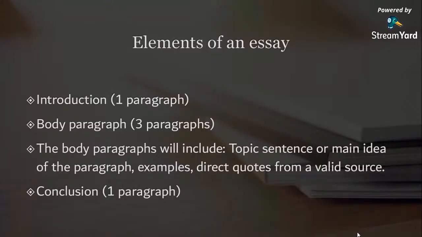And what do I mean by a valid source? It can be information that you have gotten from a reliable source. Then, last but not least, we're going to have one paragraph of conclusion.